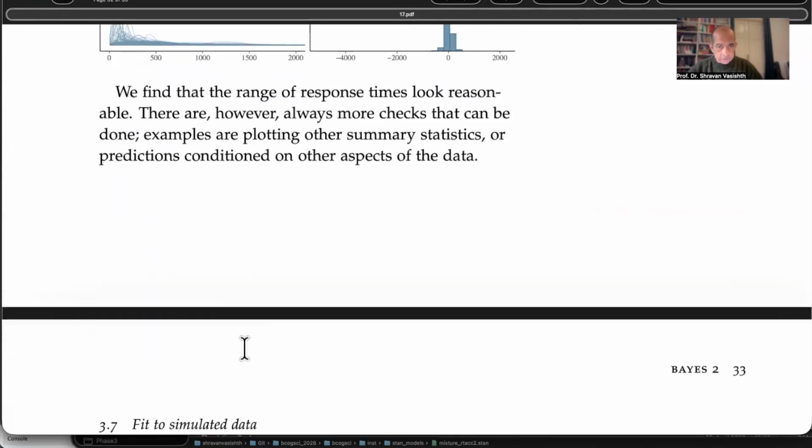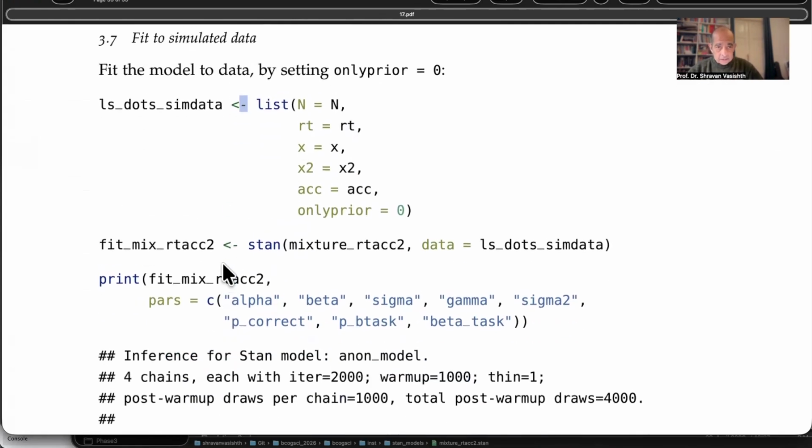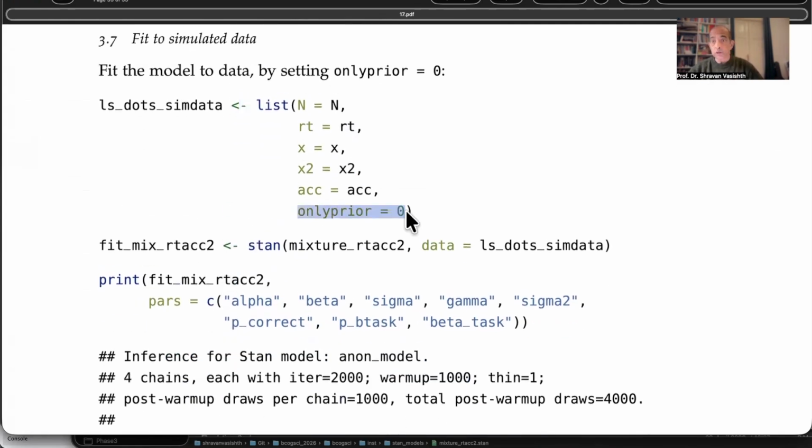Right, so I just explained that. And then you can take the simulated data. Well, I said it was the real data, but I meant the simulated data, and then fit the model to that by setting only prior to 0. Okay, so now the generated quantities block would produce posterior predictive data.